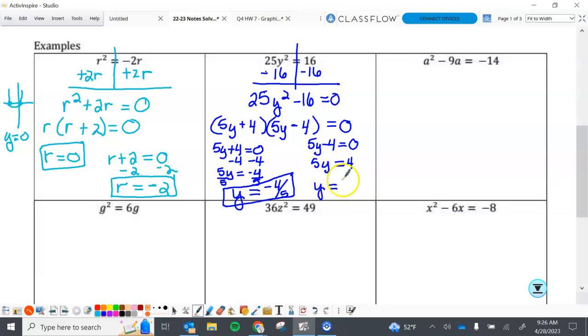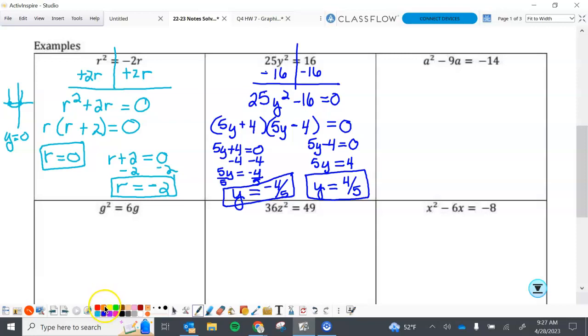We'll get y equals 4/5. So here we have our two solutions, our two roots, our two zeros. This one would be a little bit trickier to graph because our zeros are these fractional pieces, and this is why maybe that square root method would be more helpful than graphing it by hand.